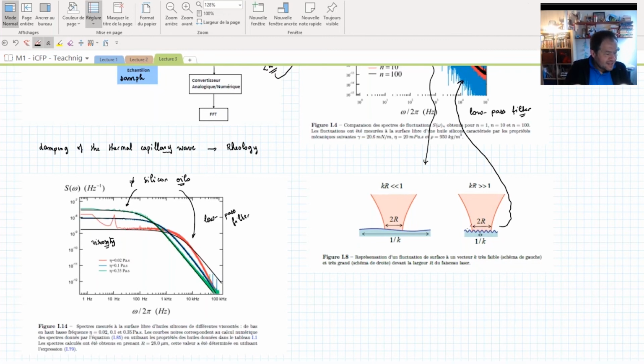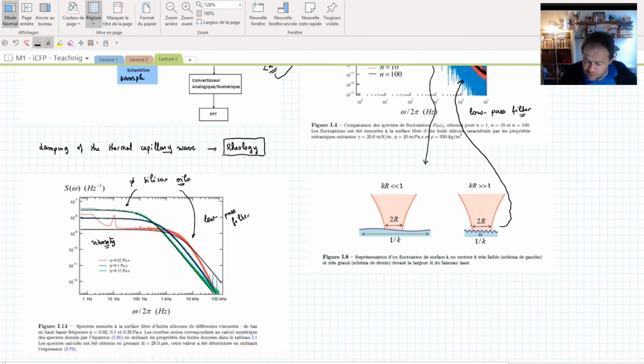You just let thermal fluctuation act on your liquid, and you only use the ambient thermal noise as an excitation to make your rheometry measurement. So I really like this experiment.